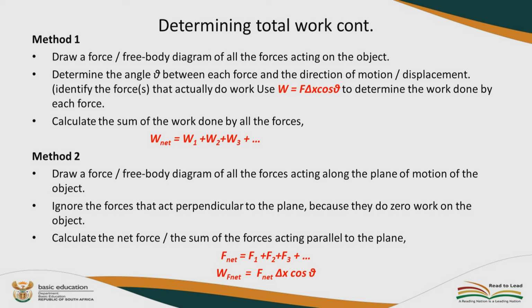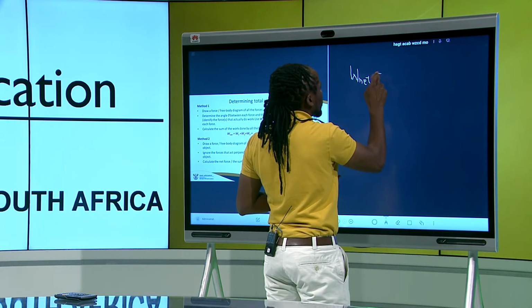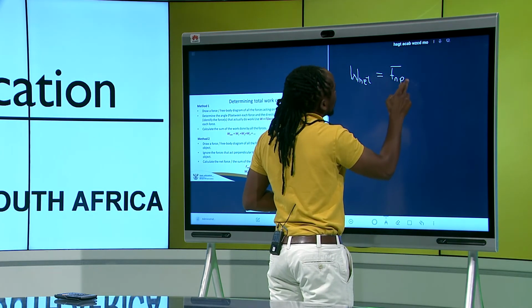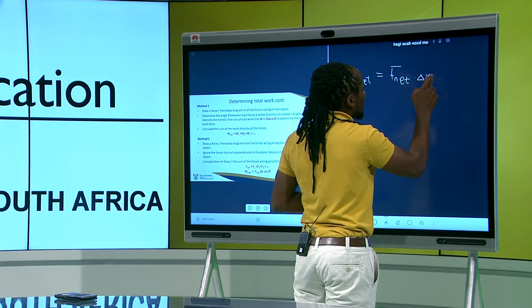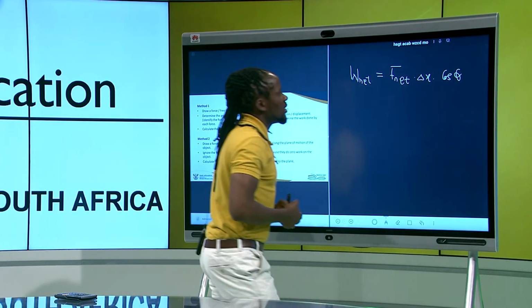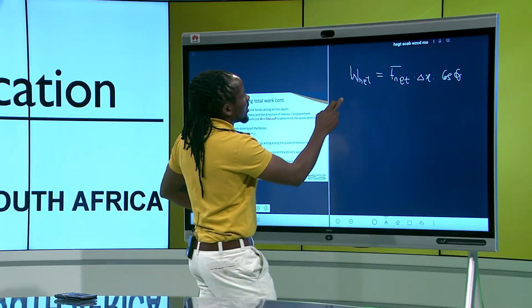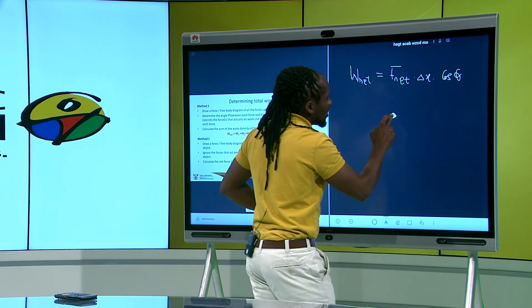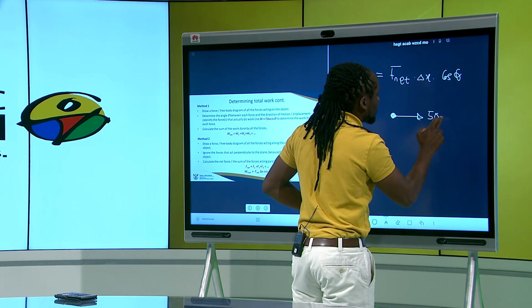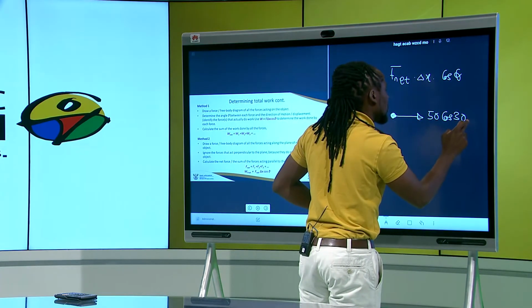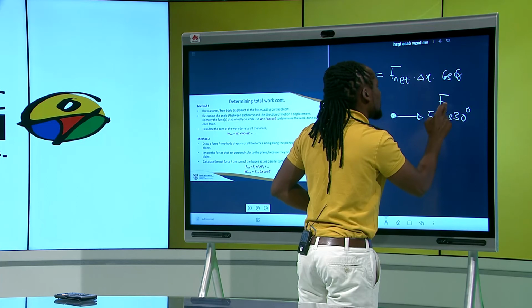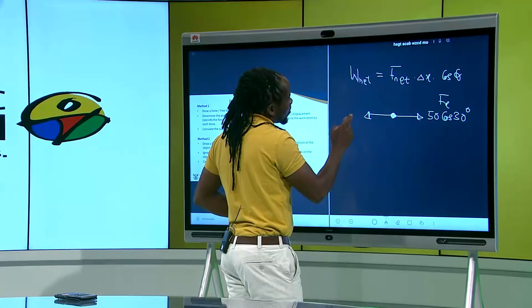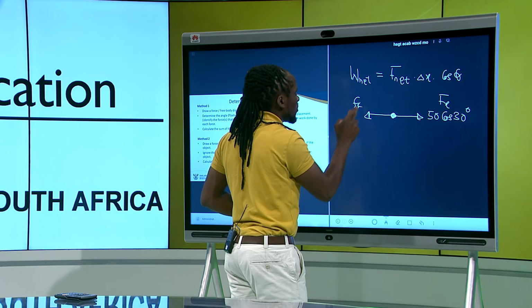Alternatively, we can simply say the work net is equal to F net delta x cosine of theta, because total work is done by the total force. From our free body diagram, we had 50 cos 30 degrees, which is our Fx, and we also had F kinetic, which is 20 newtons.